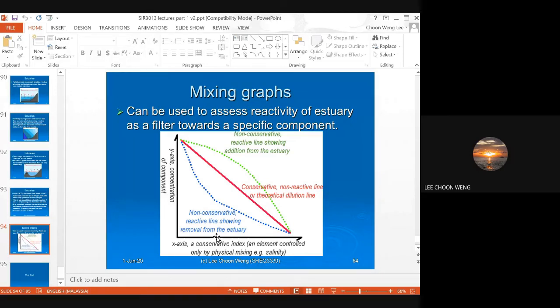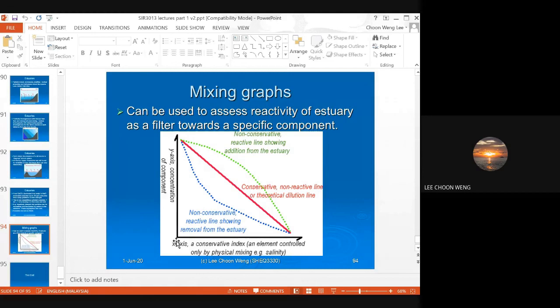Usually they will use a mixing graph to study the reactivity of the estuary. Your x-axis is the conservative index. Usually we choose salinity because salinity is not controlled by processes other than physical mixing.